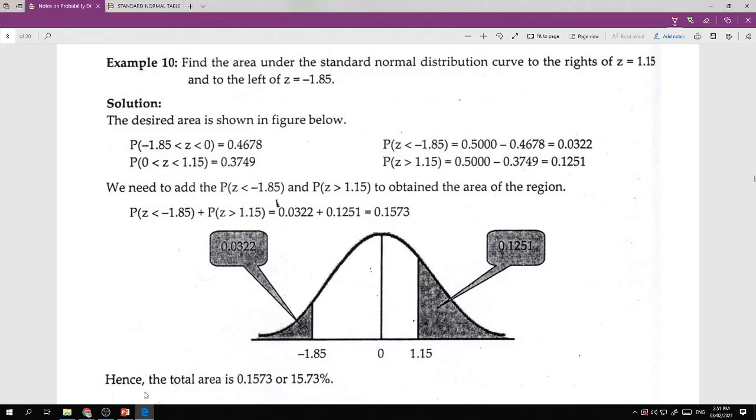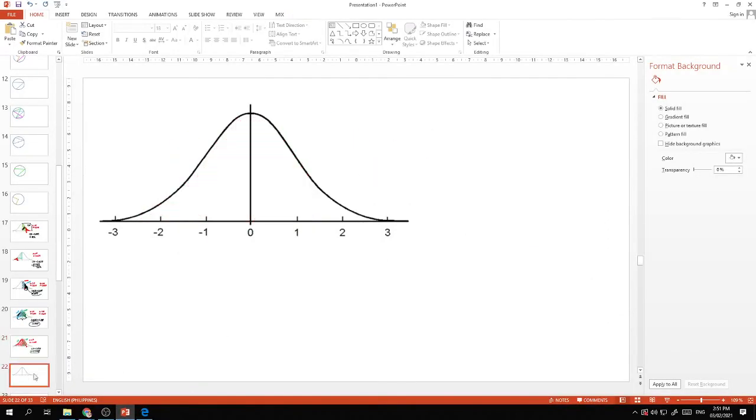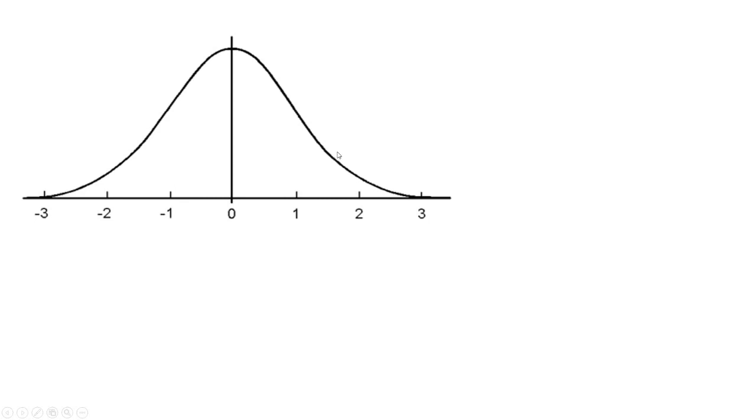Let's solve this so it becomes clearer, section Galileo. We have 1.15, this part here. And the other part was 1.85, this part here.